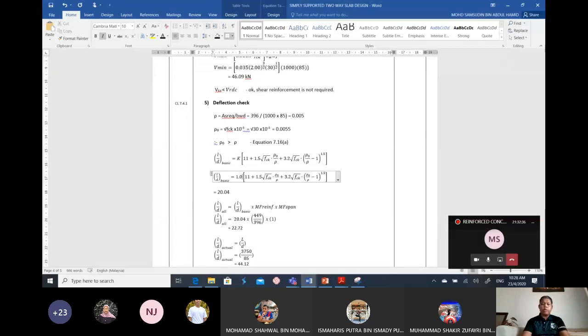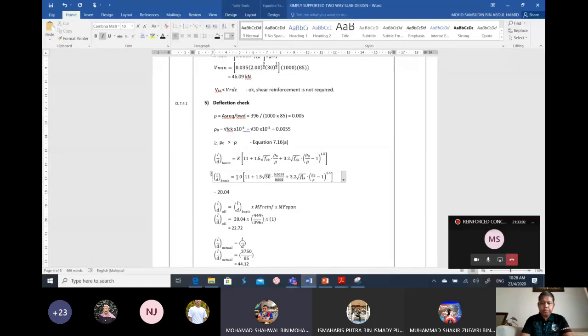So it's equal to 1.0 because it is simply supported. And then what is our fck? 30, right? 30, sir. Okay, so our rho naught is equal to 0.0055, and then our rho is equal to 0.005.